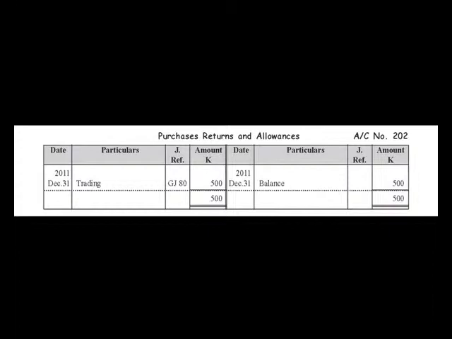Purchases returns, balance 500, that is the amount given in the question. And this amount is transferred to the trading account on 31st December, same day. GJ 80 means General Journal, page number 80. Because this amount is taken from the General Journal here, page number 80.